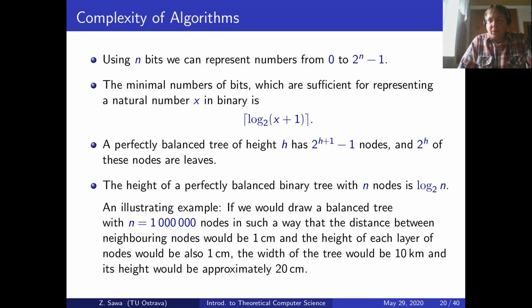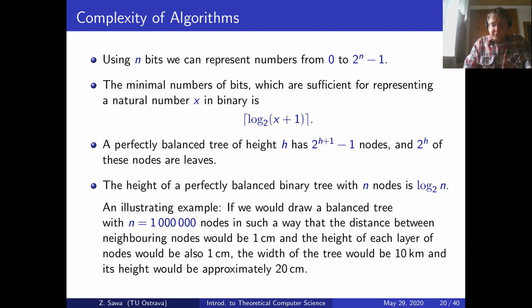If we would draw a picture of such a tree in such a way that we would separate the leaves by 1 centimeter, so 100 nodes on each meter, then, of course this is not something we would do in practice, just to imagine, the width of this picture would be about 10 kilometers for 1 million nodes.